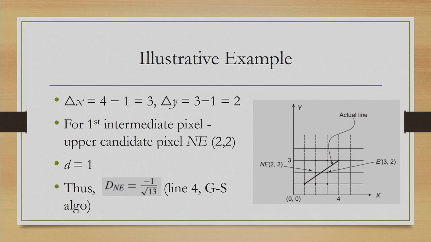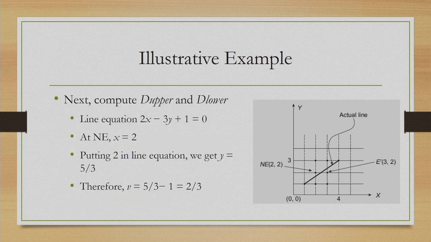For that, we determine delta x, delta y, then we compute the distance from NE, D, which is given here, and based on this distance we also compute D upper and D lower, by computing V first.